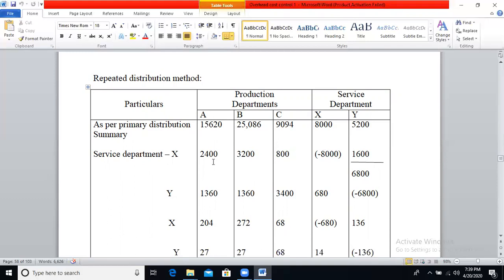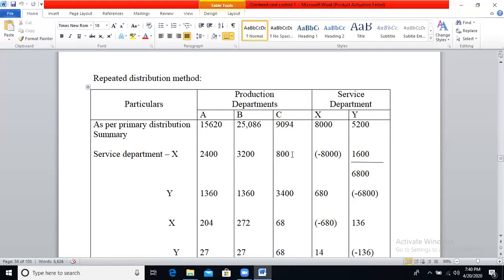So first calculate department A: 8,000 into 30%. If you calculate 8,000 into 30%, you will get 2,400. And for department B, 8,000 into 40%, you will get 3,200.